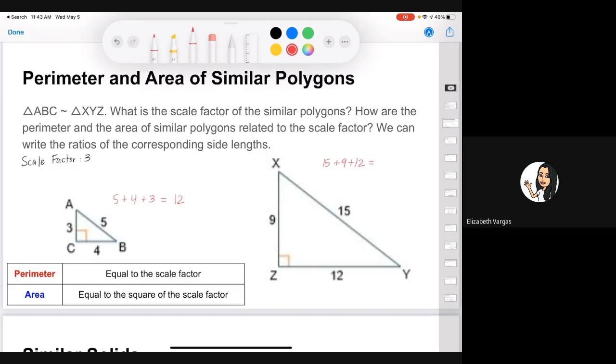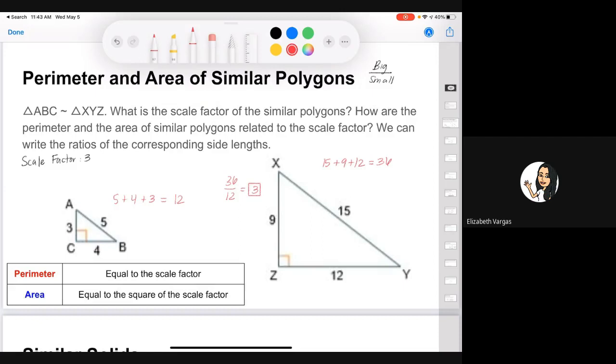The perimeter of this one is going to be 36. Now I'm going to look at the ratio between 36 and 12. Again, my big one always goes on the top, and my small one always goes on the bottom. So 36 divided by 12. What is that? That is 3.